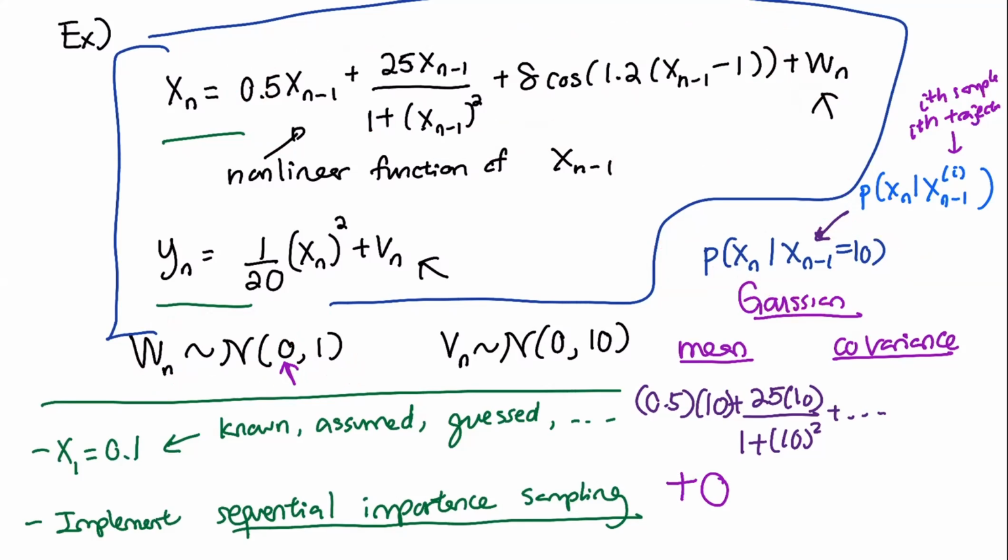Okay, so we have the mean. What's the variance or covariance of this probability distribution? It's just the identity matrix. Or how do I find that answer?